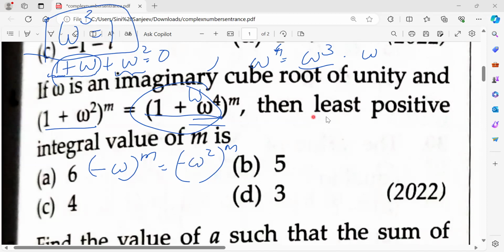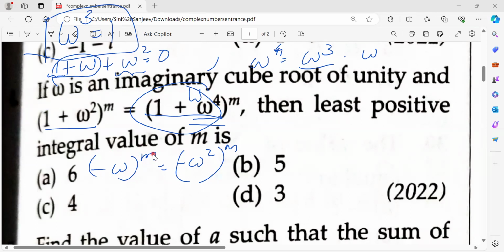Correct. And the question is the least positive integral value of m. So then what we can do is take the minus outside. Minus 1 whole power m, correct? And minus 1 whole power m here also. What value of m should be least?